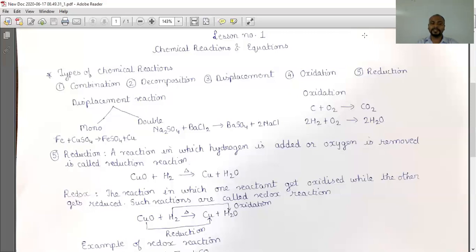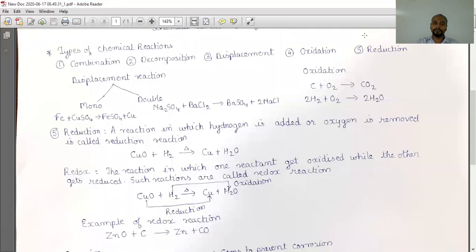So if you see in this equation, CuO plus H2 on heating gives you Cu plus H2O. Here, the copper oxide is reduced to form copper, whereas the hydrogen gets oxidized and forms water. Now let us see one more example of redox reaction.